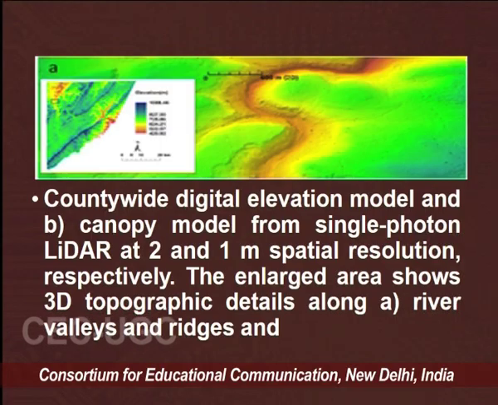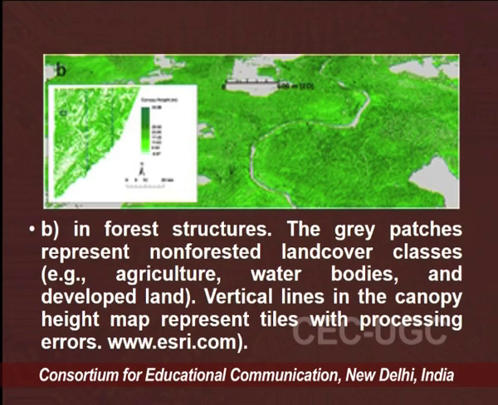River valleys and ridges you can see easily, and in the forest structures the grey patches represent the non-forested land cover classes that we are detecting through this LIDAR. So LIDAR can give the actual and deeper area of the target.